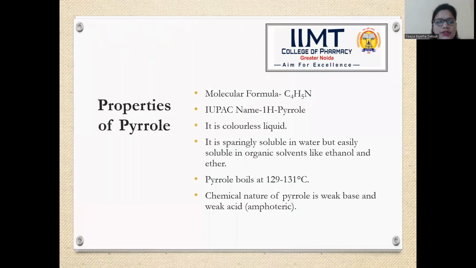Next is properties of pyrrole. Pyrrole has the molecular formula C₄H₅N, and the IUPAC name of pyrrole is 1H-pyrrole. It is a colorless liquid. It is sparingly soluble in water, meaning it is slightly soluble in water but easily soluble in organic solvents like ethanol and ether.